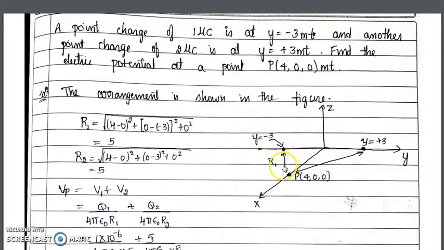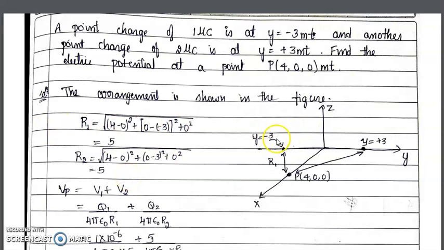To find R1 and R2, I will use the magnitude of the vector equation: 4 minus 0, since the x coordinate of this point is 0, and 0 minus (-3), that is plus 3, squared, plus 0 squared. I get R1, the distance between this point and point P, as 5. Similarly, R2 can be found by 4 minus 0 squared plus 0 minus 3 squared plus 0 squared, which is also equal to 5.